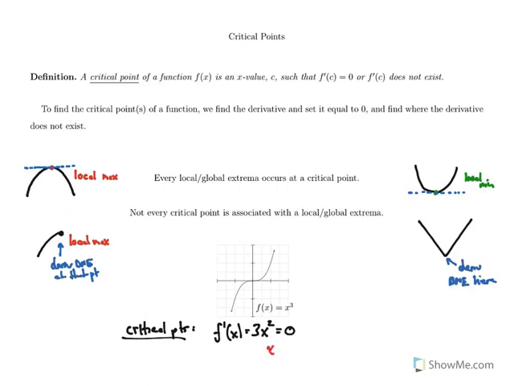That gives us one value, x equals 0. But when we look at the graph of x cubed, that point is neither a min nor a max. That's something else entirely, but it still has a horizontal tangent line. So when we find critical points, we can't immediately assume that they're mins or maxes. We have to do a little bit of work to classify those points as mins or maxes or something else. In this case, this point is special. It's known as an inflection point, and we'll talk about that in a few slides.